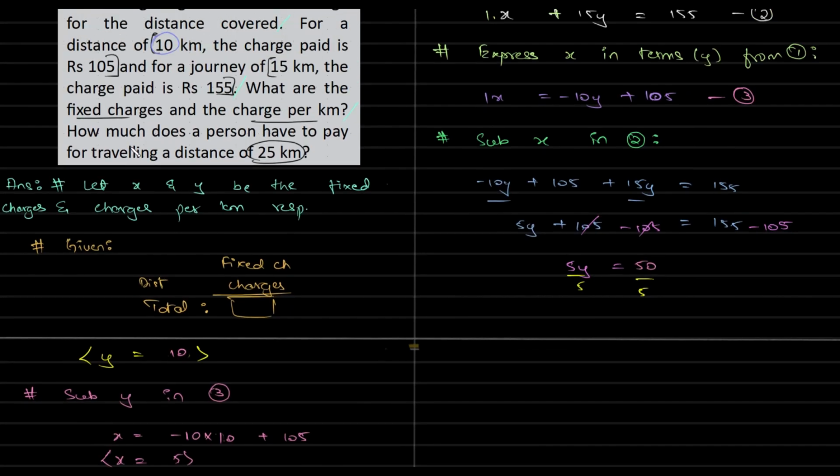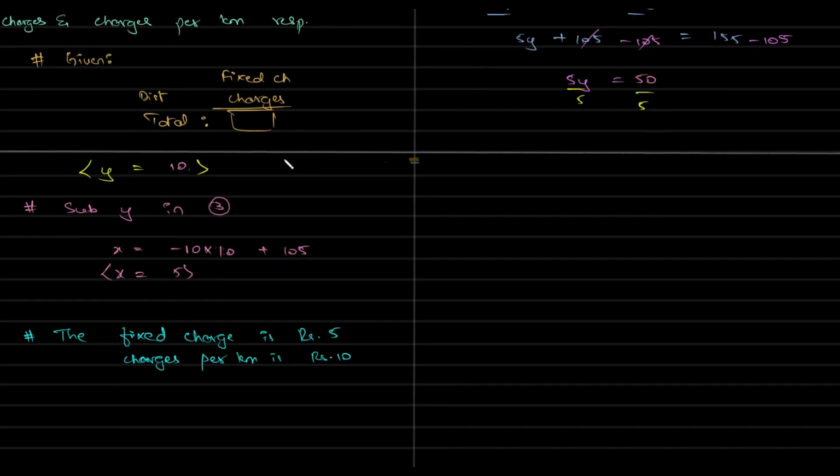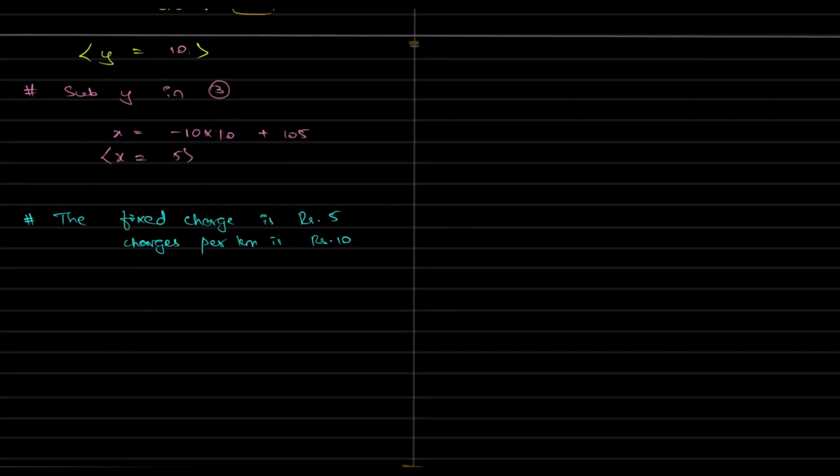The second part is, if a person happens to travel 25 kilometers, how much would that person pay? Quite simple. You already have the answer in front of you. For a distance of 25 kilometers, the charges would be five is the fixed charge, plus 10 into 25 kilometers, charges per kilometer.